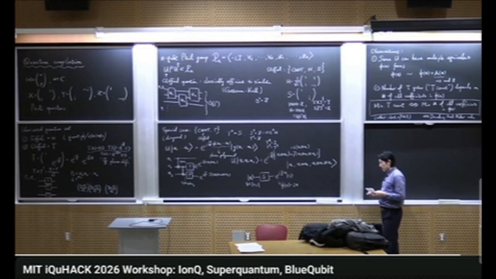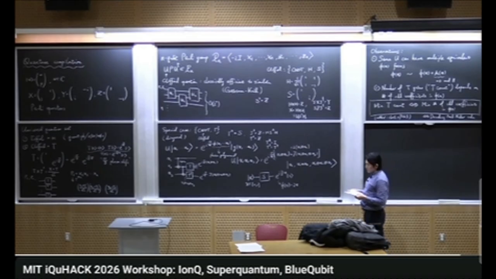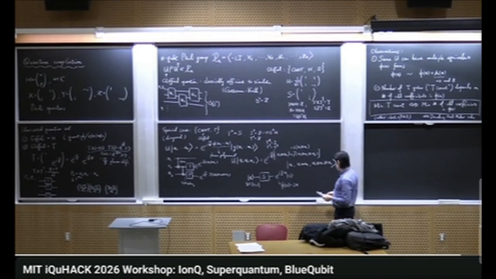Okay. So this would be the second to last stage of quantum compilation. A very simplistic pipeline would be that you have a logical circuit. Let's say it's some logical circuit U, say Shor's algorithm.